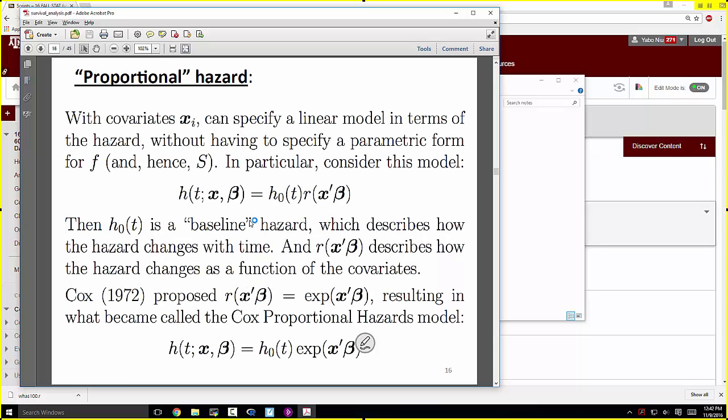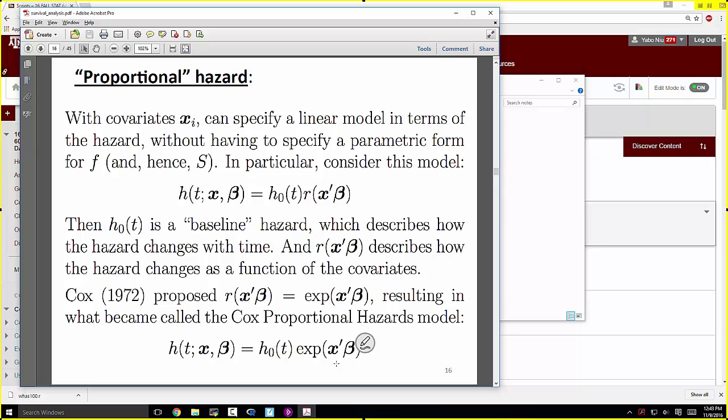And it turns out that we can do regression with hazards in a reasonable way. The Cox proportional hazards model is that the hazard for a particular time with some covariates equals a baseline hazard function, which is a function of time but not of the covariates, multiplied against e to the linear model piece.